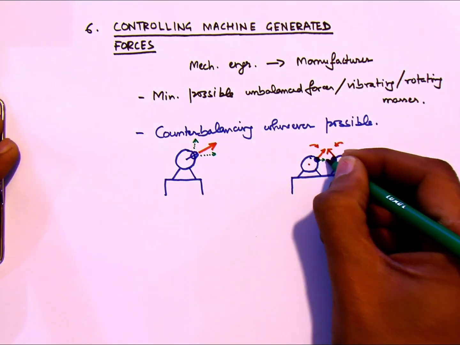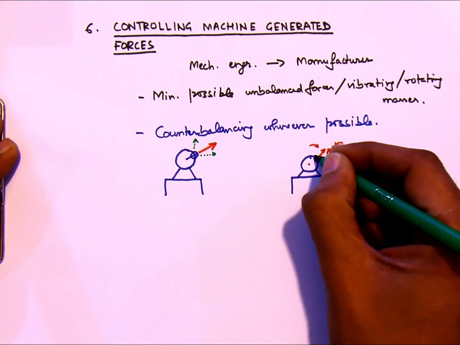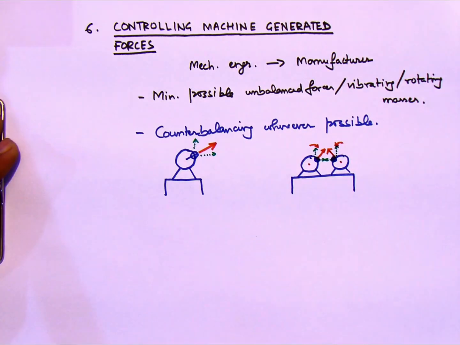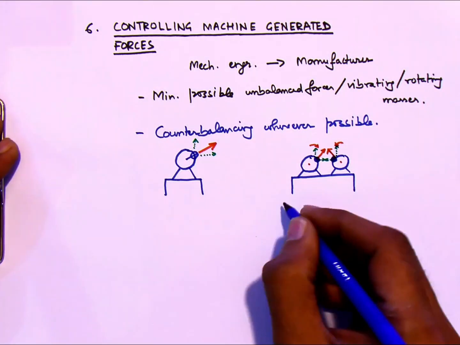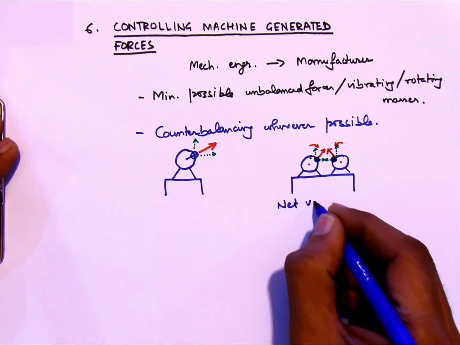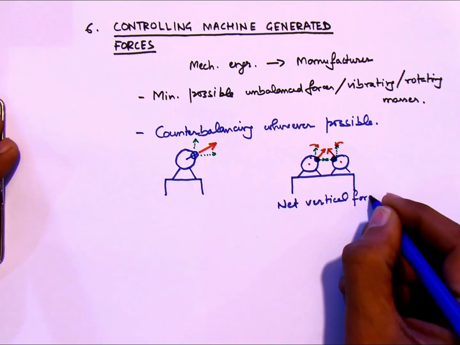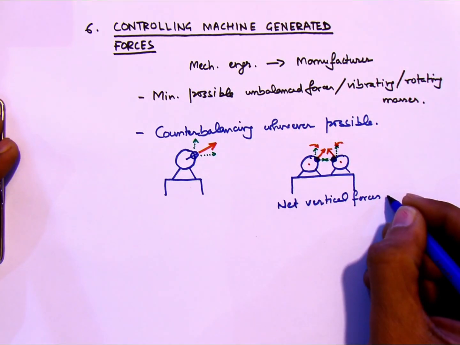Now this gives a big relief to the supporting foundation, because now the overall force acting on the foundation is only vertical force, and it imparts a very high degree of stability to the machine.